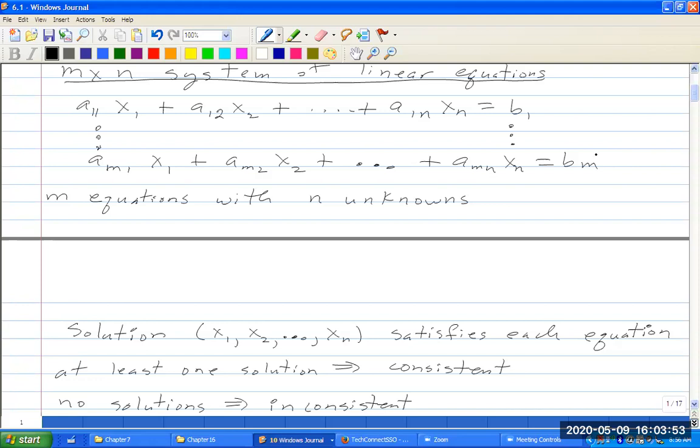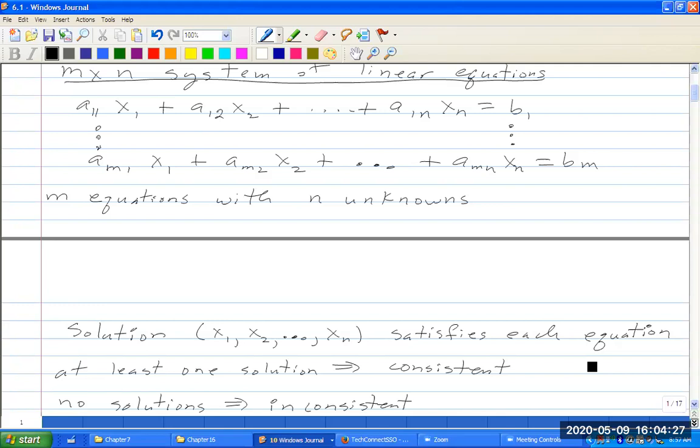A solution to this system will be an ordered n-tuple, x1, x2, dot dot dot, up to xn, that satisfies each equation. Let me give you some terminology.